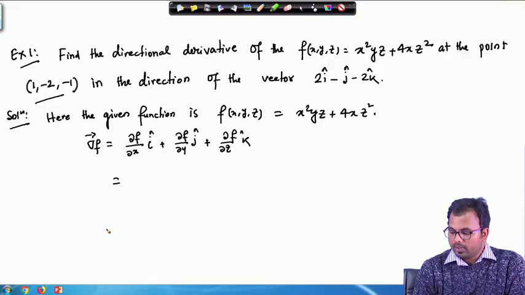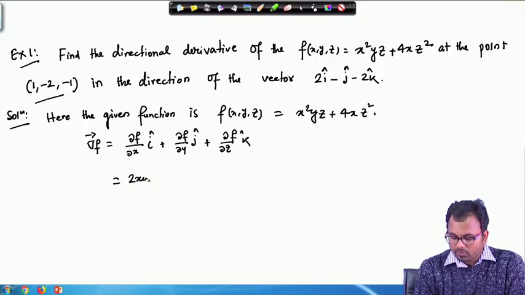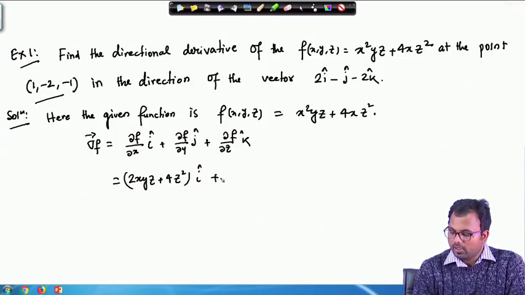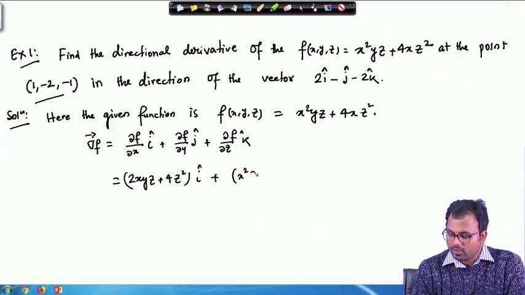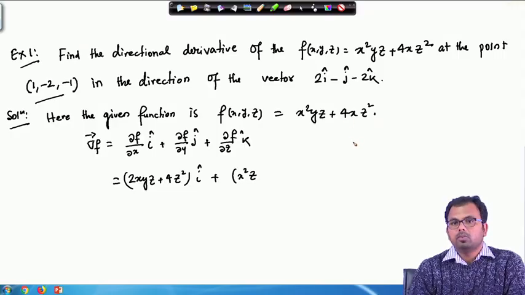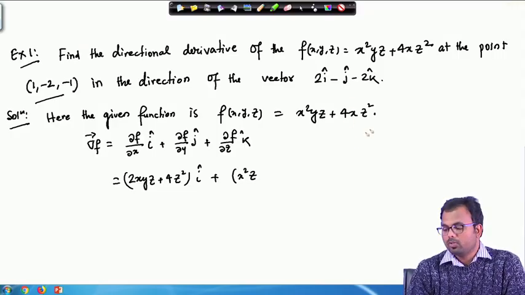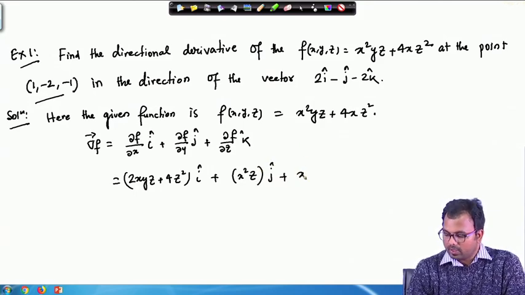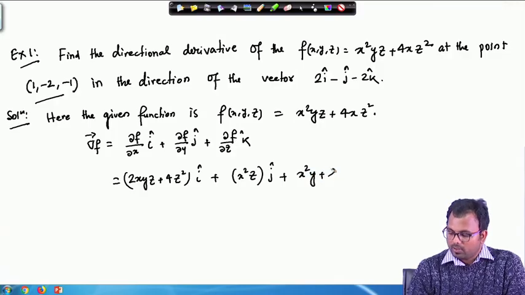Partial derivative with respect to x gives 2 x y z plus 4 z square times i. Then del y gives x square z. The second term does not contain any y, so its derivative with respect to y is 0. This is the j component. And del z of f gives x square y plus 8 x z times k.